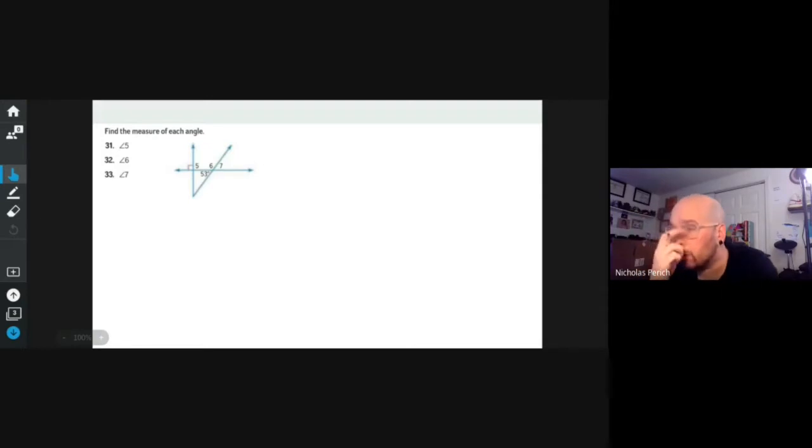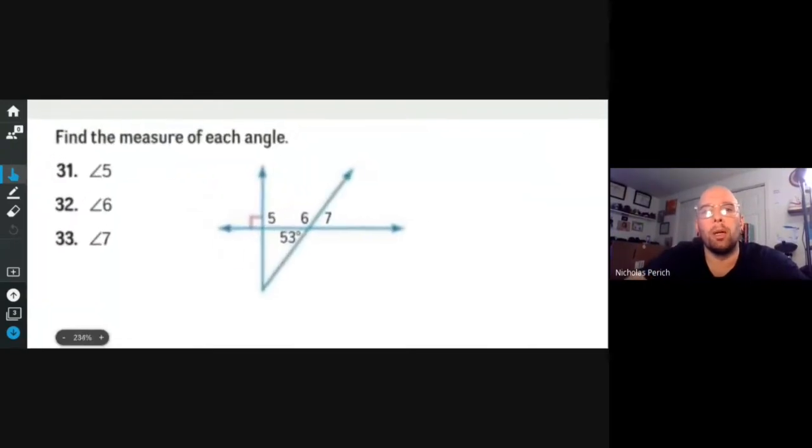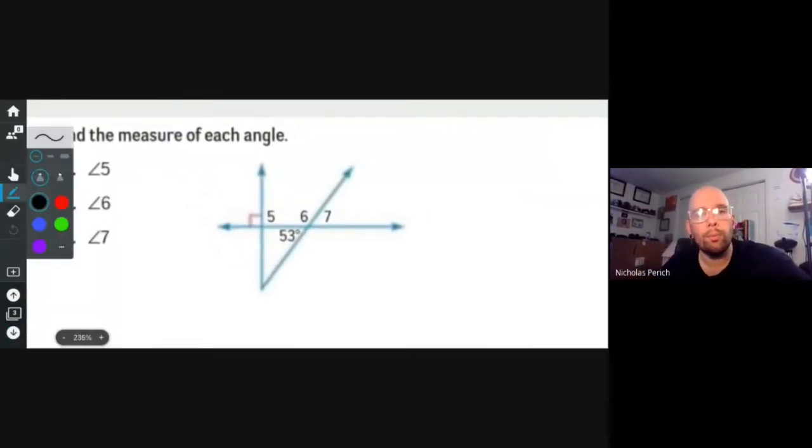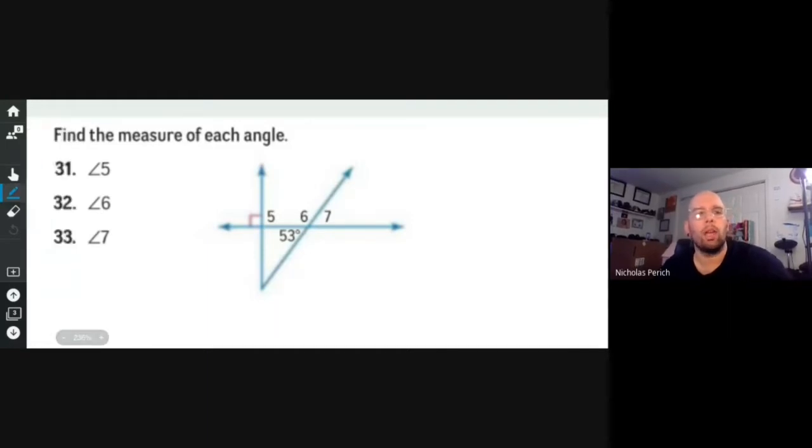If you could see the picture, and I'm not sure if you can, I'll blow it up so you can see it just a little bit better. Whoa! I will be able to find the rest, knowing that 53 is this guy right there.